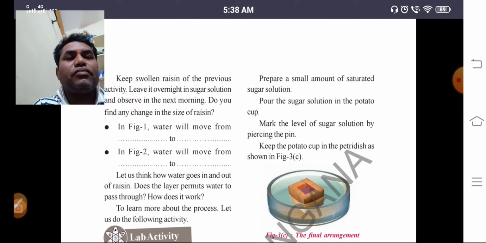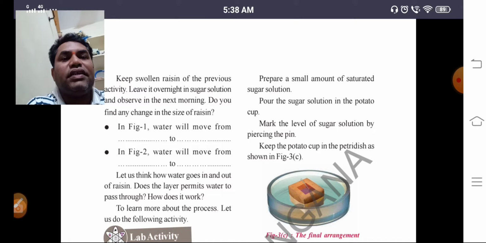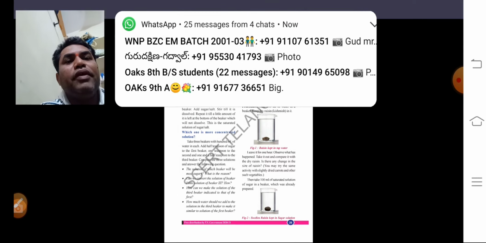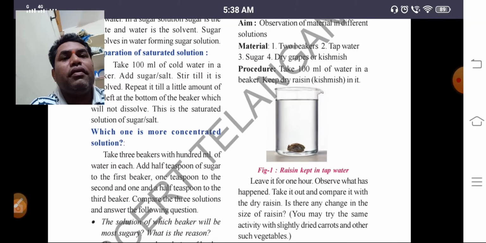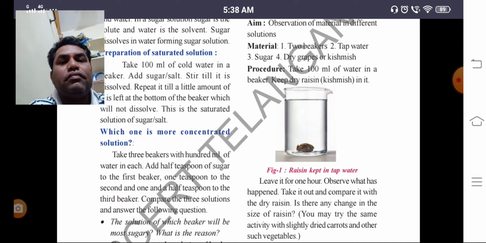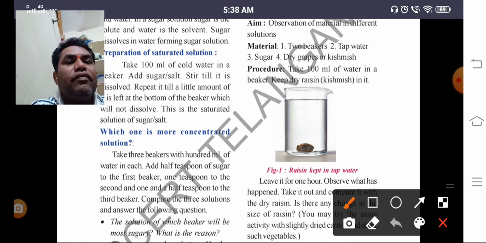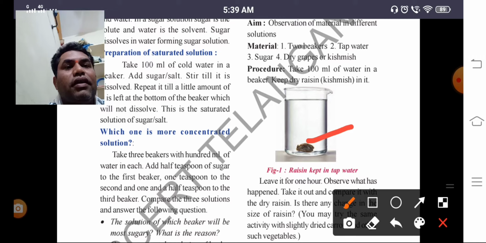So in the first, there are two pictures. In figure 1, the raisin, the kismis, that we kept in beaker 1, whatever water content is present in it leaves out, meaning it goes into the beaker, so that it is not swollen.